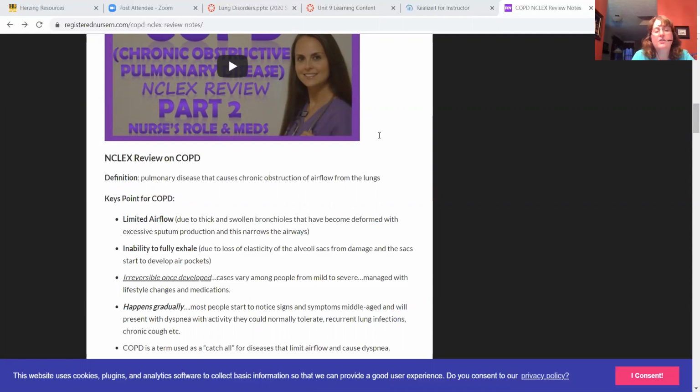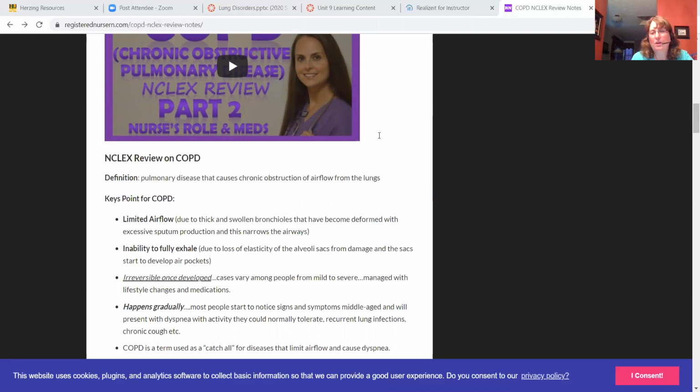So again, this person is going to feel like they don't have the ability to exhale fully. So they can inhale with no problem, but they can't get all of their air out. This is because they have a loss of elasticity to the alveolar sacs because of all the damage that's starting to happen to the lungs.